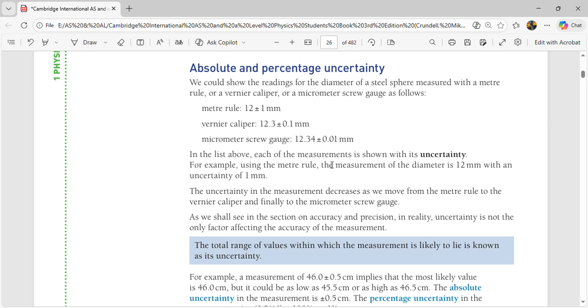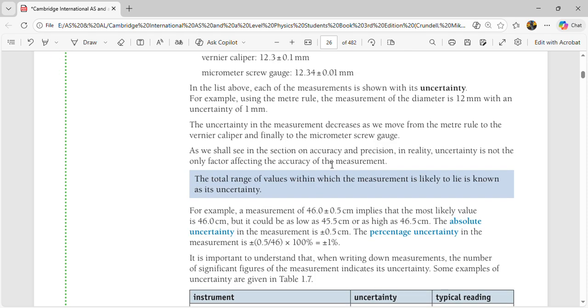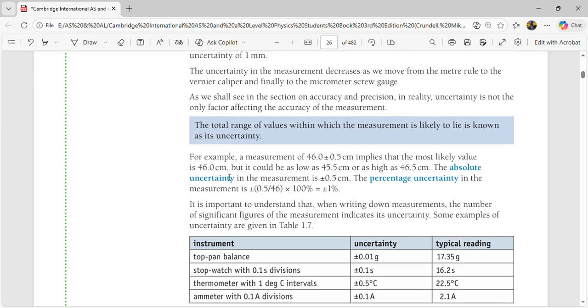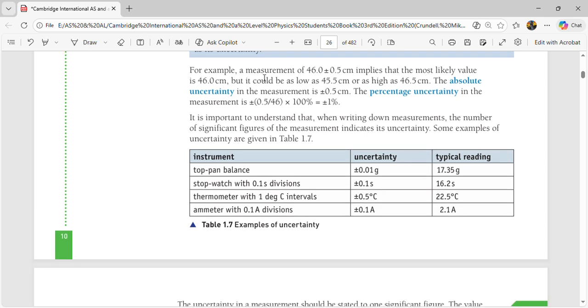That's the same thing. So we also look at this example here. We have a measurement of 46.0 plus or minus 0.5 centimeters. The 46.0 is the most likely value to be measured, but it is lying between 45.5 and 46.5 centimeters.